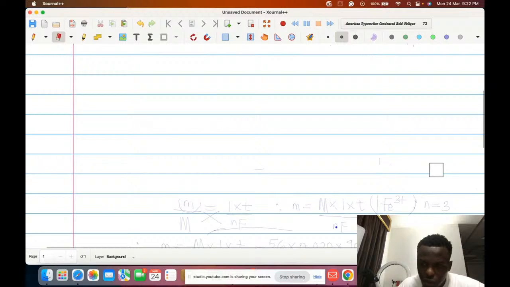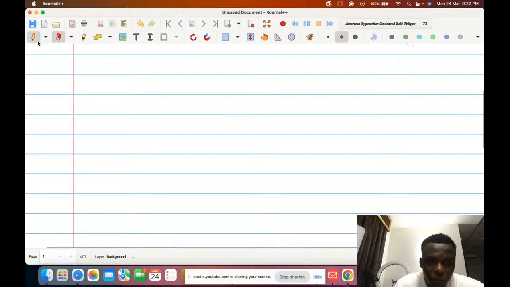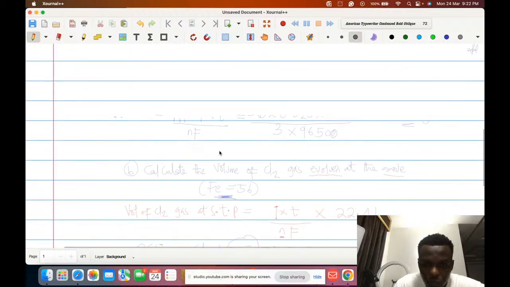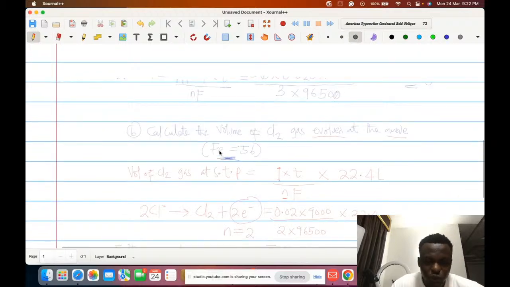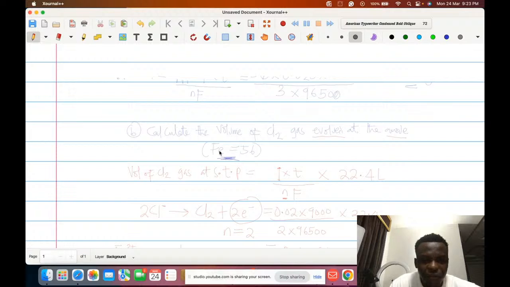So that calculation would give the mole, and whatever you have, you multiply by 22.4. Remember, 1 mole of any gas is 22.4. If you have 2 moles, it will be 2 times 22.4. If you have 5 moles, it will be 5 times 22.4. If you have 10 moles, it's going to be 10 times 22.4.